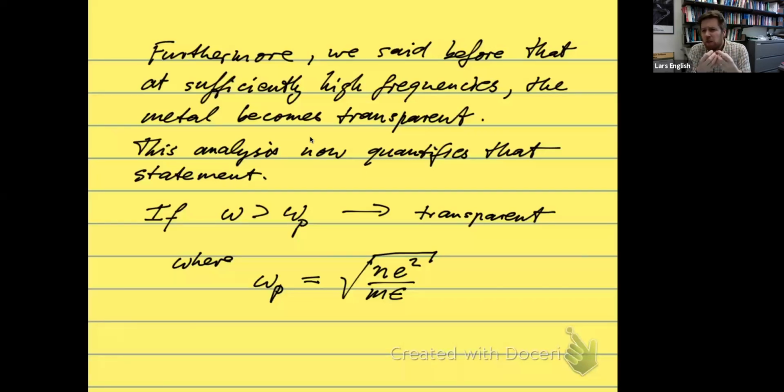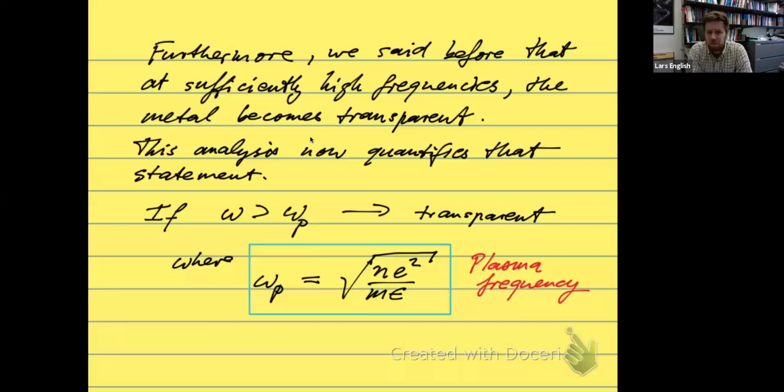So now we have a way of quantifying that more. If you again go through the detailed analysis, which I'm skipping here but is in my notes that I've posted to Moodle, you find that the cutoff value is what's called omega p, also called the plasma frequency. And it's given by the square root of N e squared over m times epsilon.